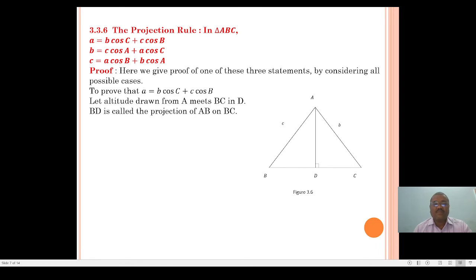DC is called the projection of AC on BC. Therefore, the projection of AB on BC equals BD, which equals c cos B.